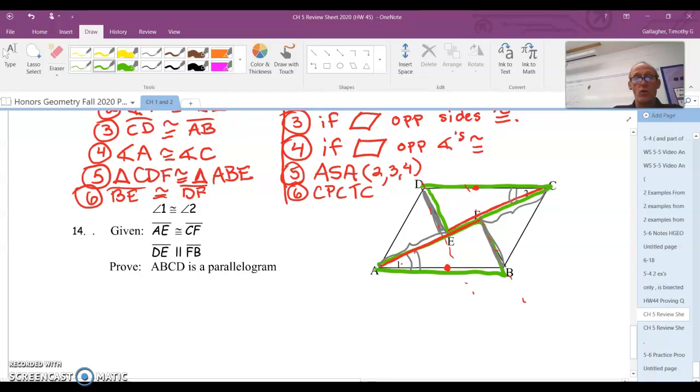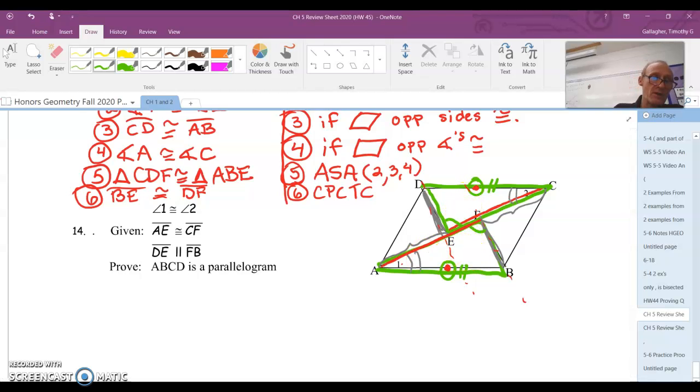The way we're going to do that is we're going to use these two parallel lines, by saying that these two angles here are congruent. So they're alternate interior angles. So we're going to get the two triangles congruent, and then we're going to get these two sides parallel because of angle 1 and angle 2, and then we're going to get these two sides congruent by CPCTC because we're going to get the triangles congruent.